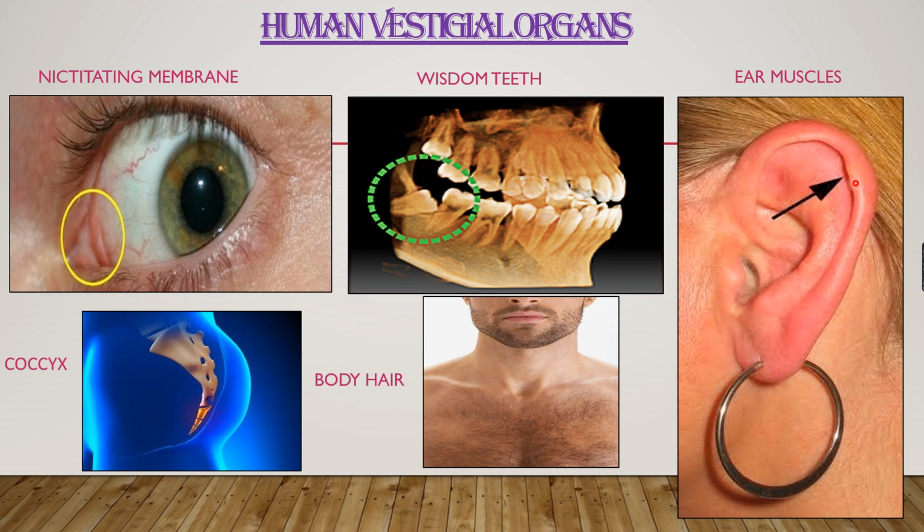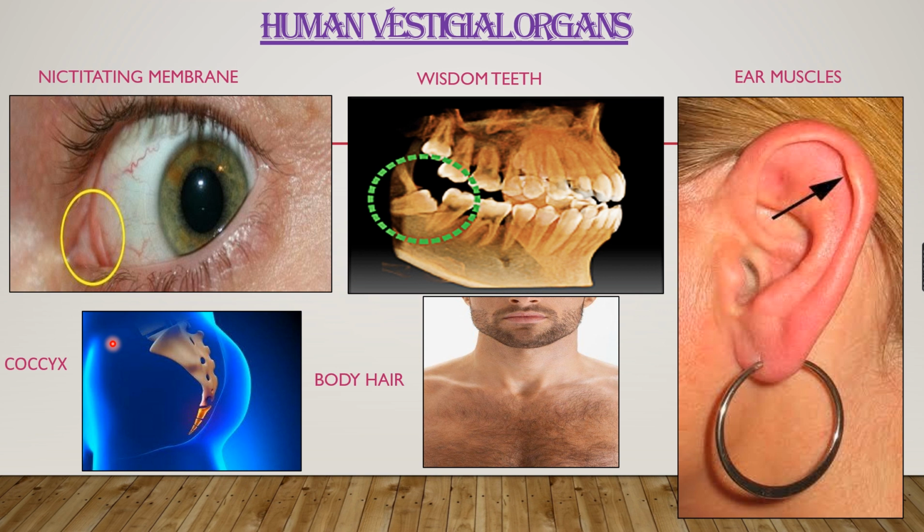And ear muscles, very well developed in other mammals, we have inherited such characters. And the body hair. And coccyx. This is called the coccyx or tail vertebra, at the posterior region of the vertebral column. You can see the caudal vertebra or tail vertebra. Coccyx is present. All these are vestigial organs. What is the meaning of vestigial organs?